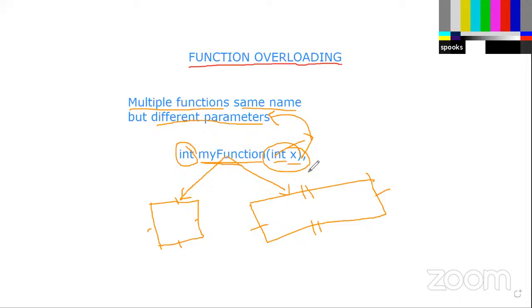But for now, I want us to continue to look at some other examples so that you can understand. Don't forget the definition that I just gave you: multiple functions can have the same name but different parameters, right?